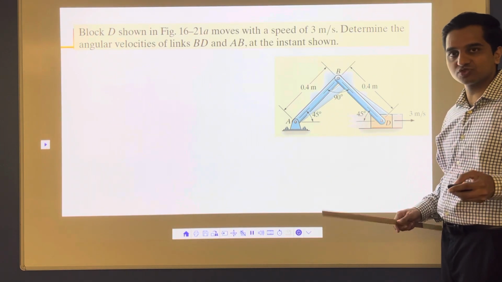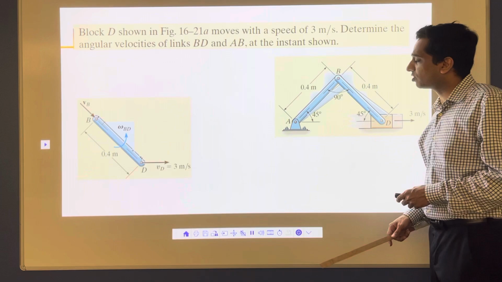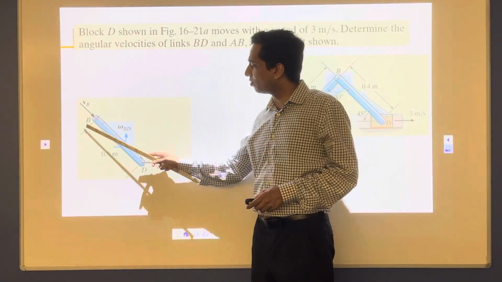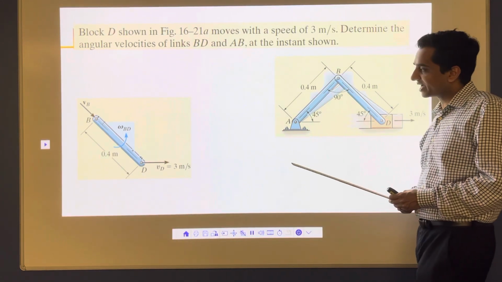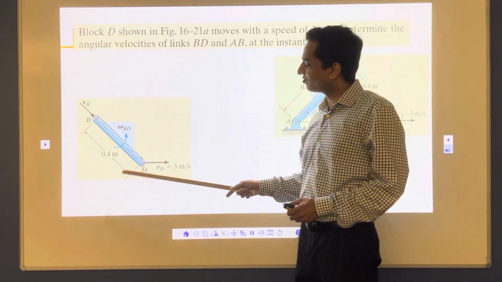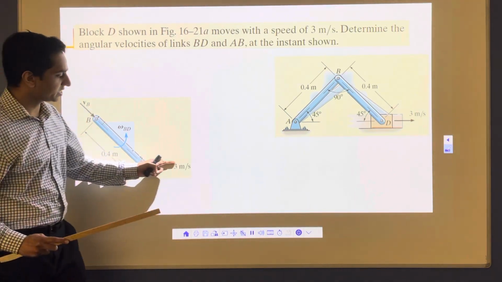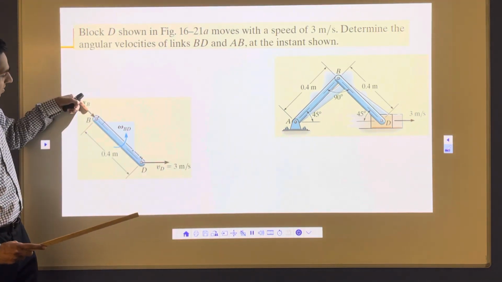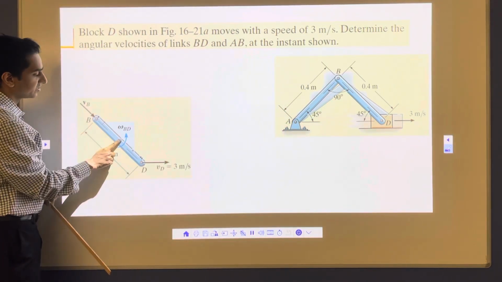Now there are other ways to solve this problem. One of the simplest ways is to locate the instantaneous center of zero velocity. For that, I'm going to draw a free body diagram of this BD, and then look at the velocities. Here what I see is that D is moving in this direction, and B is going like this, so it has velocity in this direction.